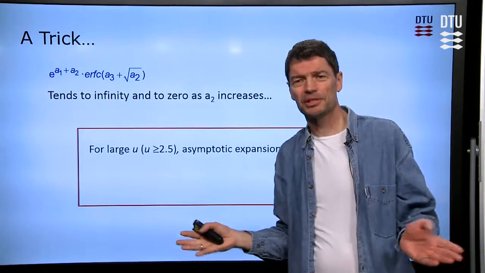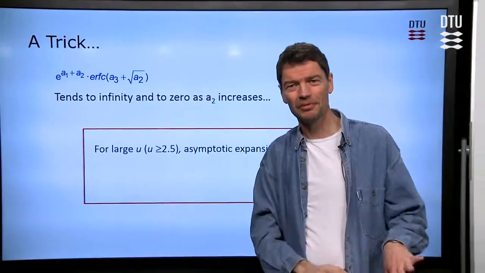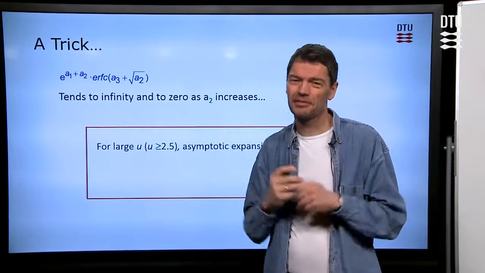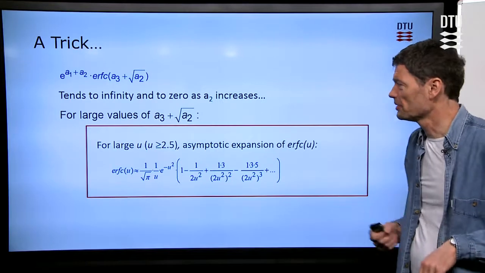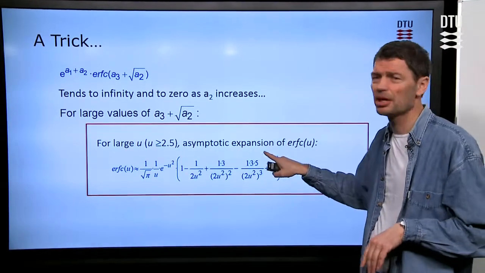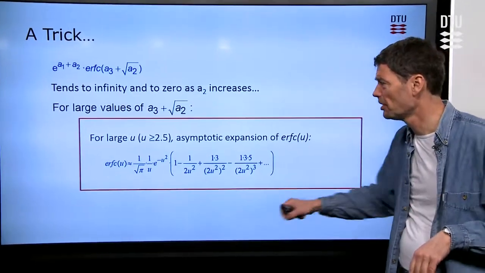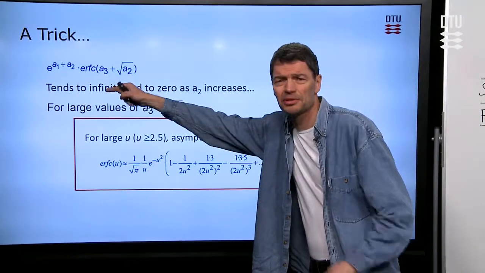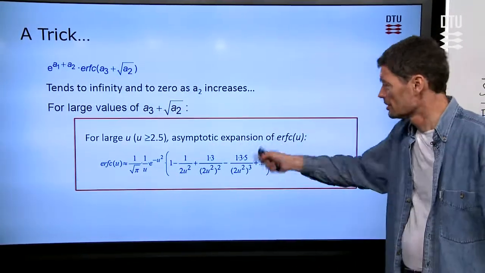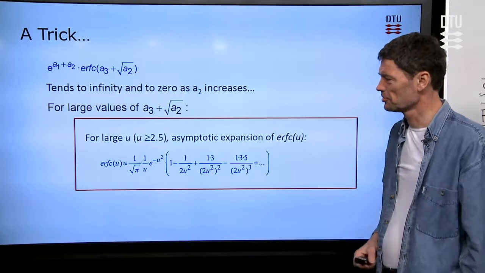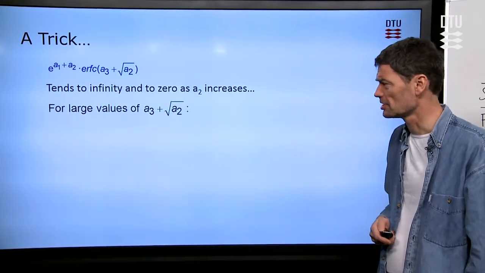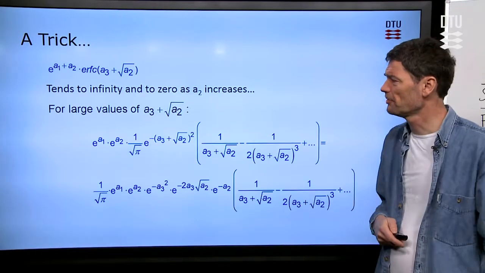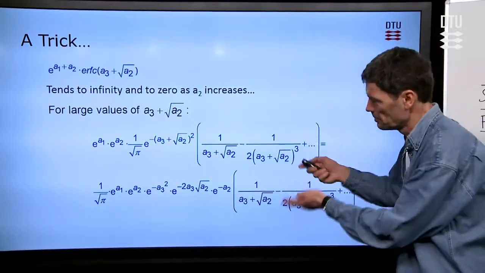So what would become the result? A very large value, a very small value, we don't know. Perhaps it's a value somewhere in between. So to solve that, we can use that asymptotic expansion I showed you before for the complementary error function for large arguments. Here's the equation to be used, just for repetition from one of the previous slides I showed you. So when I insert values from that, it's a little bit involved.